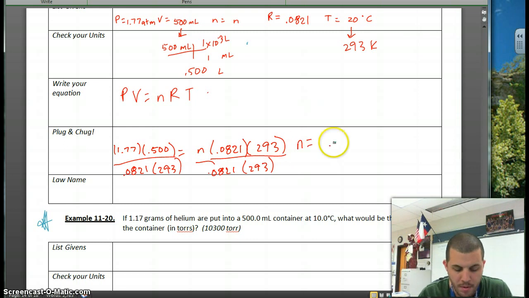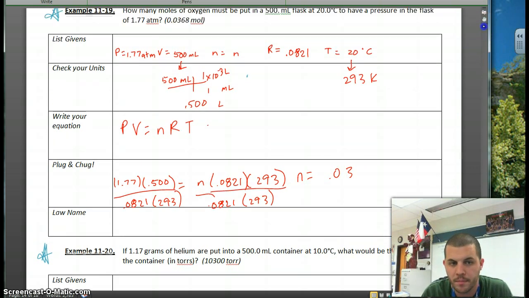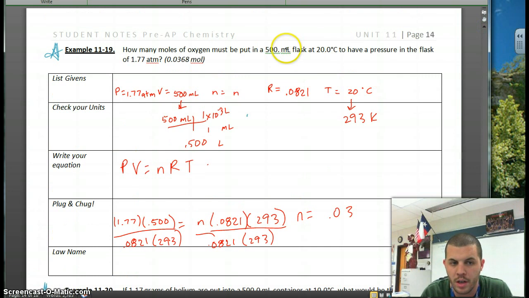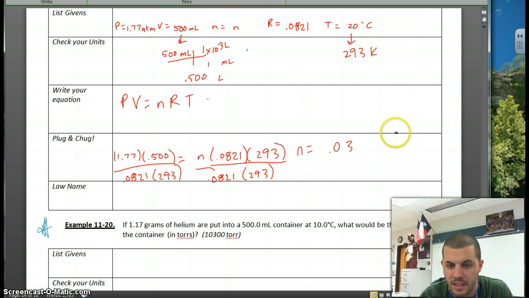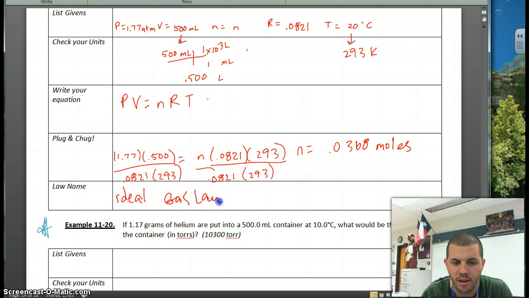N equals 0.03... Let's see here, how many sig figs do I need? 3, 3, 3. So I need 3 sig figs. So I have 0.0368 moles.